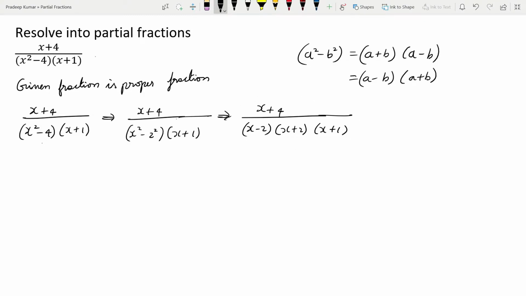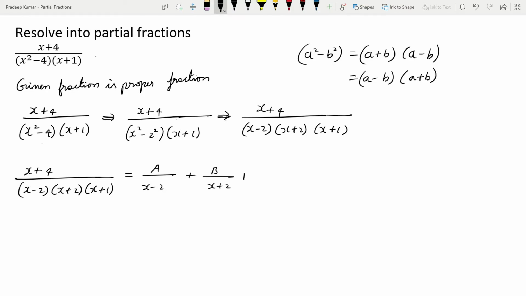Now I'll write this as (x + 4) / ((x − 2)(x + 2)(x + 1)), which is equal to, now we'll divide this into partial fractions, that is A/(x − 2) + B/(x + 2) + C/(x + 1).